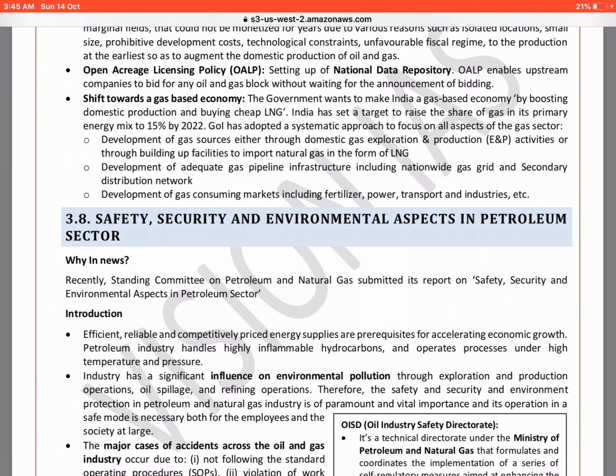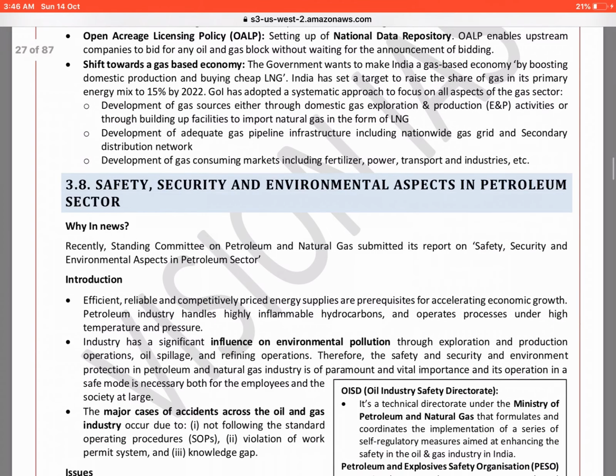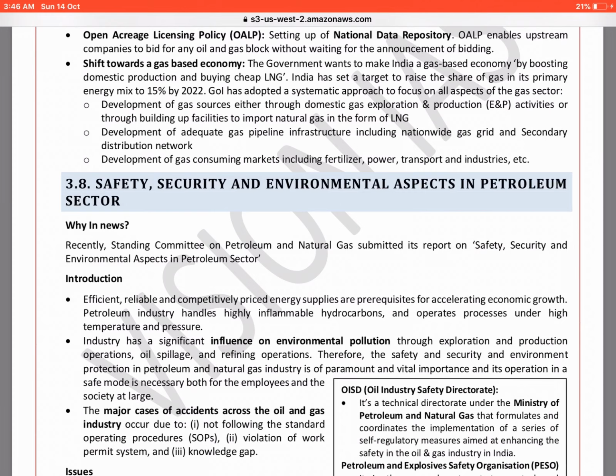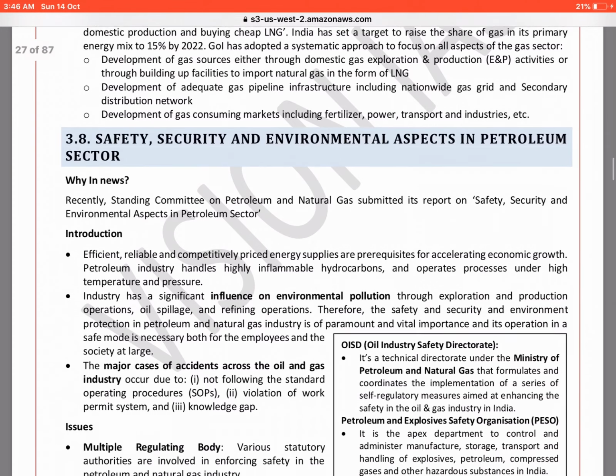Our targets will be achieved quite comprehensively and quite nicely if such gases are used in the transport sector.